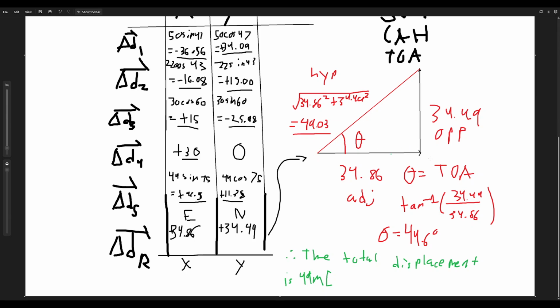We're looking east, and we're going up, but we're straying towards some angle north, because this is north, this is east, and our angle is 45. So we're looking east, and then we go up 45 north. So our final answer would be the total displacement is 49 meters east 45 degrees north.